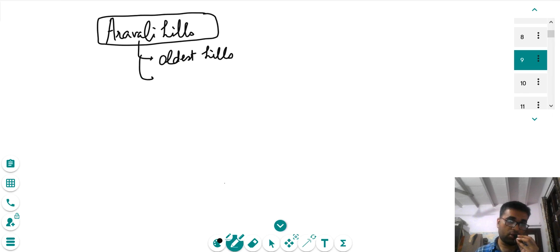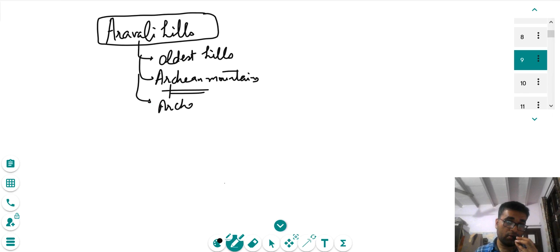They are also called the Archean mountains, the oldest one. They are part of the Archean rock system, right? The Archean rocks have been greatly modified and have been metamorphosed.